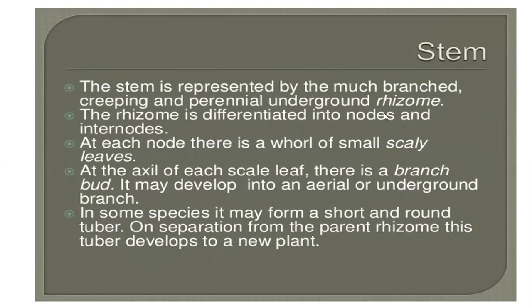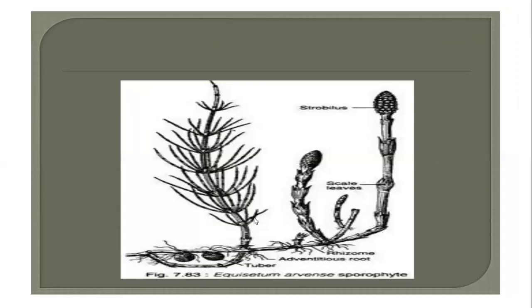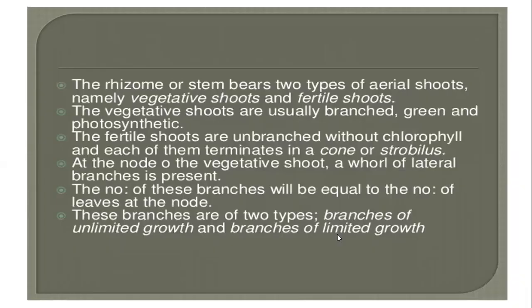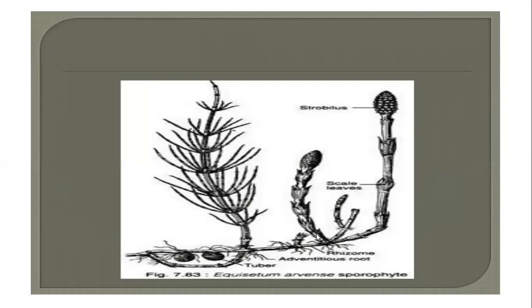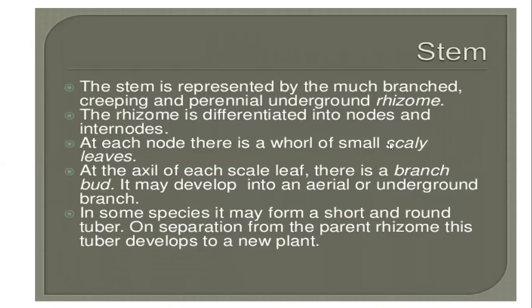It is divided into nodes and internodes. And at each node, you can see the presence of small scaly leaves. So you can see here, this is the nodal region. These are the nodes. At each node, we can see the presence of some scaly leaves.